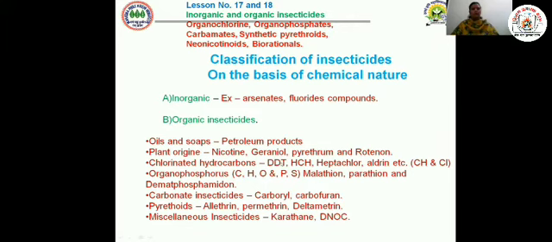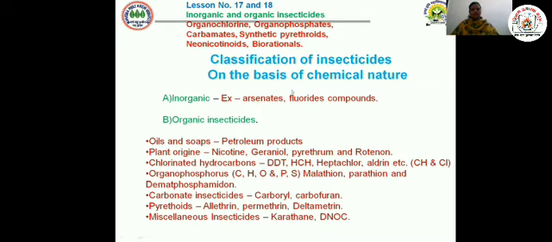Then chlorinated hydrocarbons: DDT, BHC, heptachlor, aldrin, etc. Organophosphorus, under that malathion, parathion, dimethoate, phosphamidon. Then carbamate insecticides: carbaryl, carbofuran. Pyrethroids: allethrin, permethrin, deltamethrin. Then miscellaneous insecticides: karathane and DNOC.